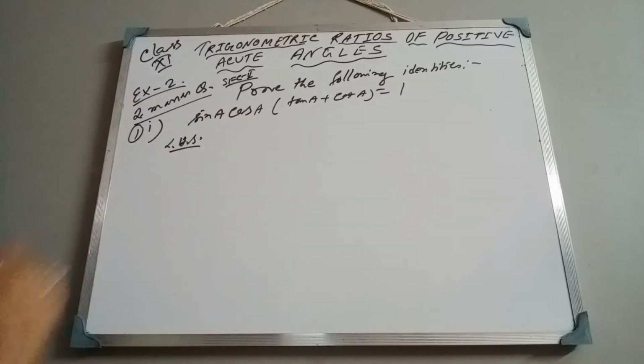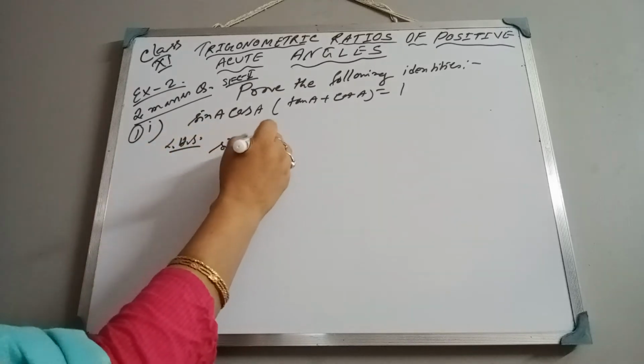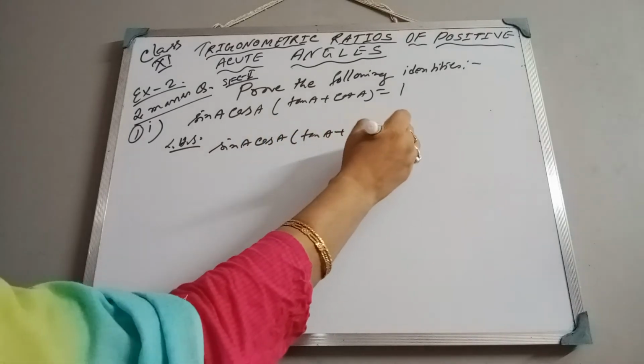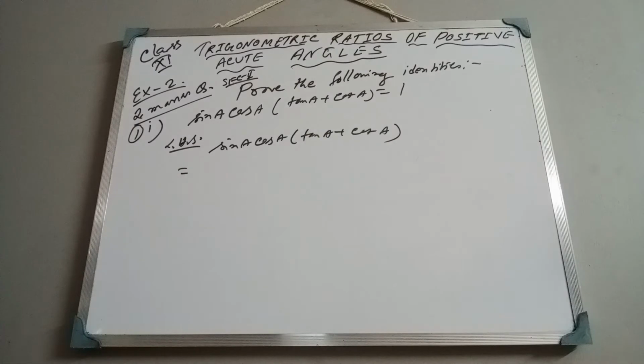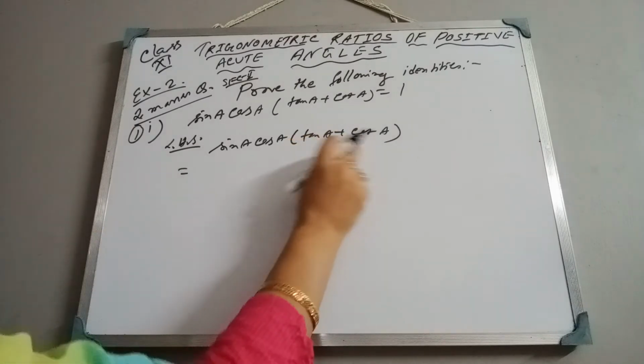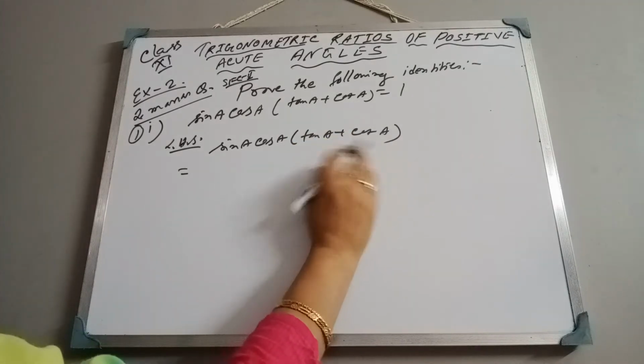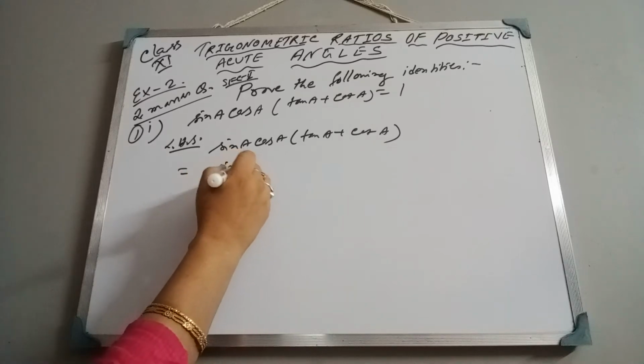Okay, what is the question? Sine A into cos A, in the bracket tan A plus cot A. As we have to prove only the right hand side, it is better to break this tan A plus cot A, the part written in the bracket, into sine and cos. Then what will we get?